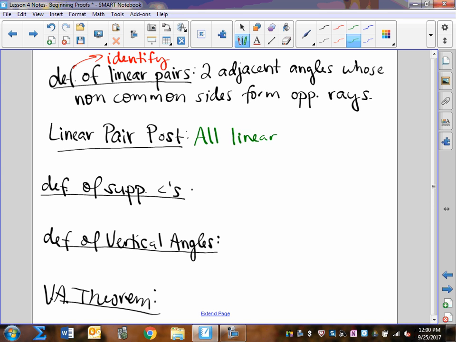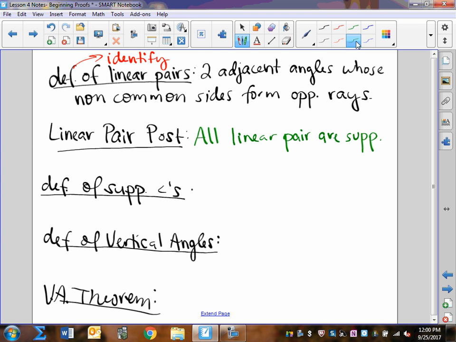So all linear pairs are supplementary, or just linear pairs are supplementary. Okay. So this is what allows me to make that statement about linear pairs being supplementary. But this does not allow me to say that their measures have to be 180. It only allows me to say that they are supplementary.